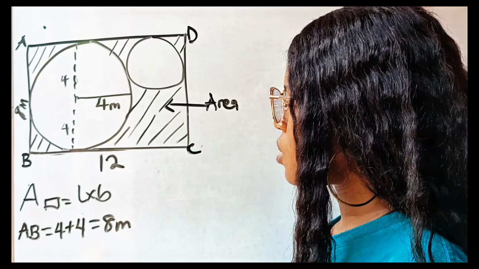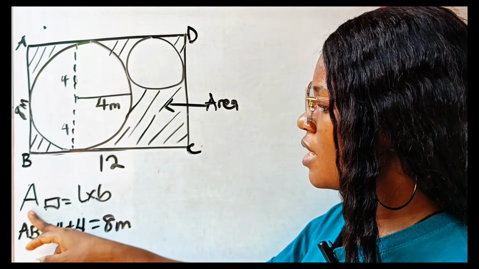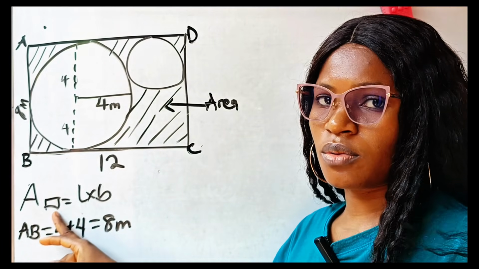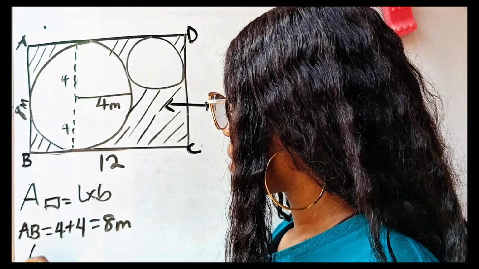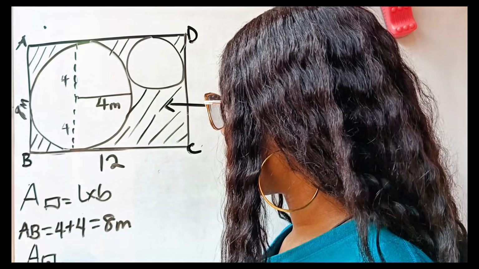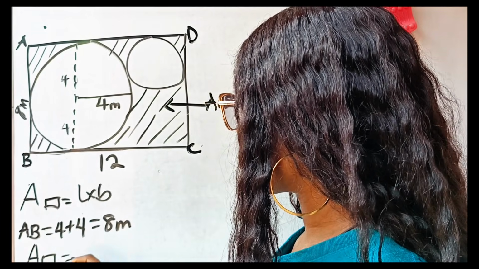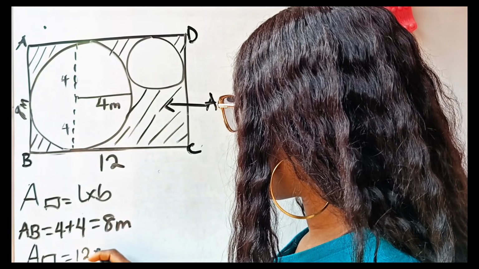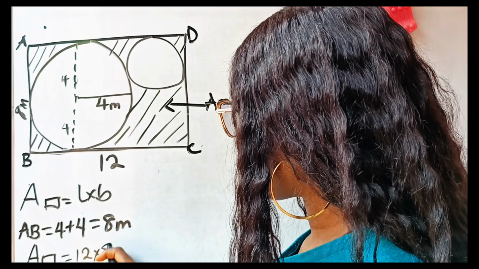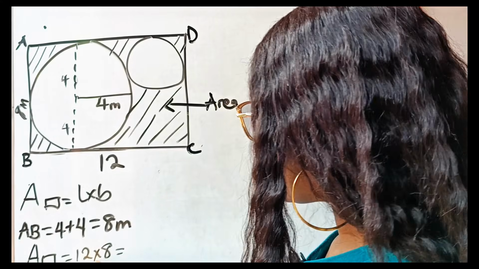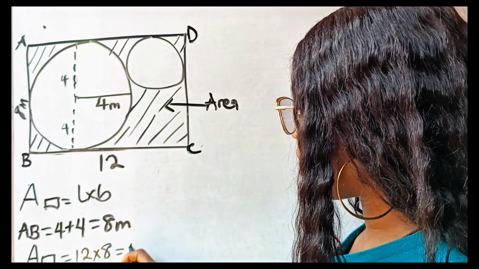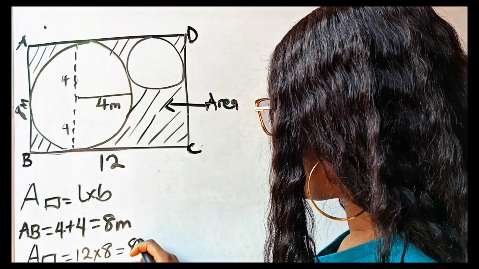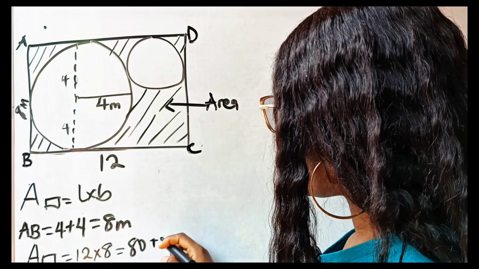So it's now easy for us to find the area of the rectangle. The area of the rectangle is equal to the length, which is 12, multiplied by the breadth, which is 8. This is the same as 8 times 10, which is 80, plus 8 times 2, which is 16.